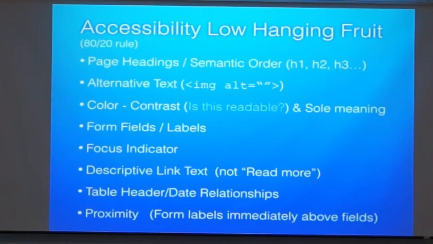Just leave it blank. Alt equals blank. It will not be read by the screen reader. If it's content, you need to describe what that content is. If it has text on it, you need to communicate the same message that the text is communicating.